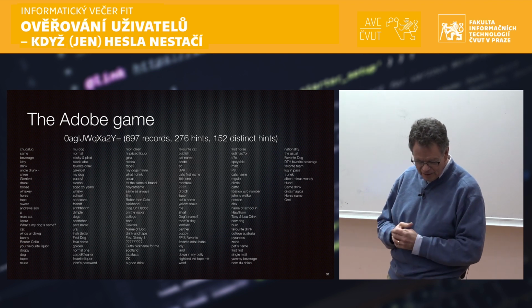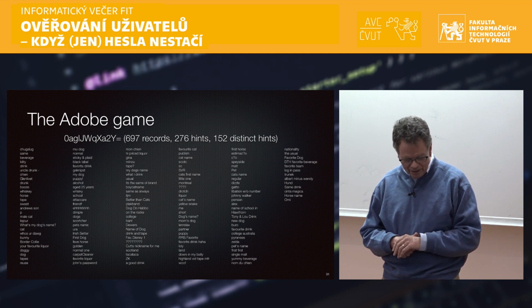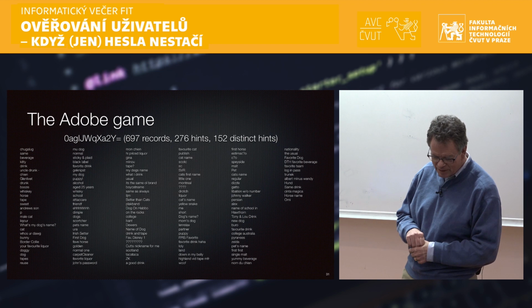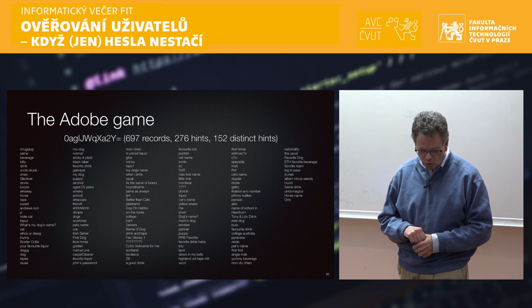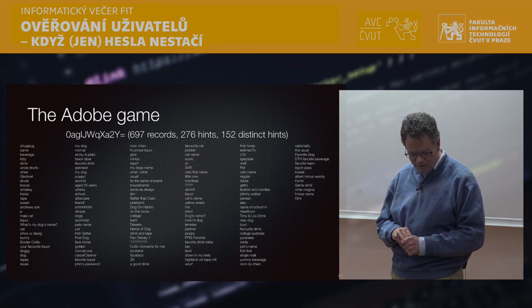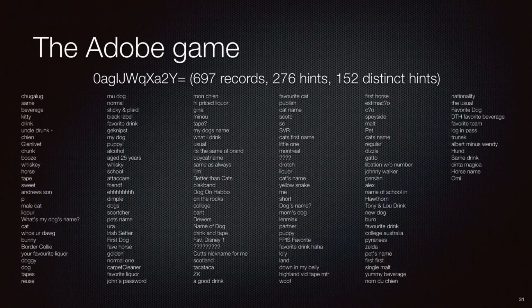This particular password occurred 697 times in the database, and there were 152 distinct hints about this password. Here are the hints, which included things like Glenlivet, whiskey, Highland, videotape manufacturer, single malt, and Johnny Walker. Does anyone have a guess what the password is?